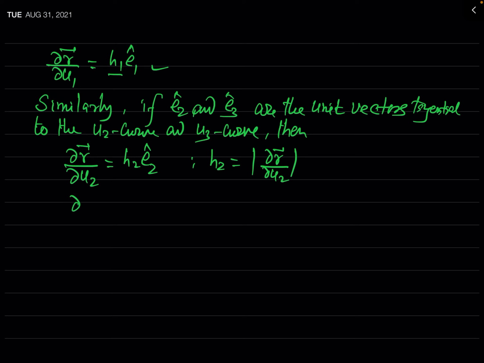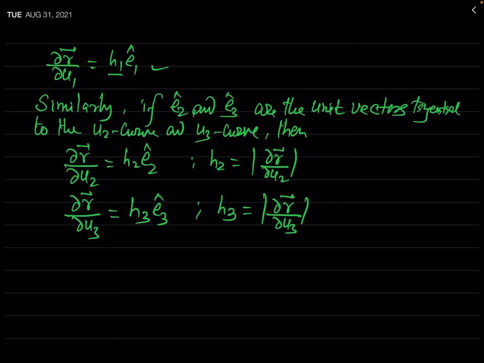Similarly, del r by del u3 will be equal to h3 e3 hat, where this h3 is equal to mod of del r by del u3.